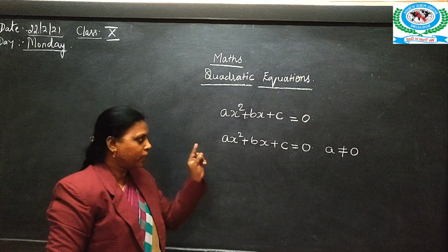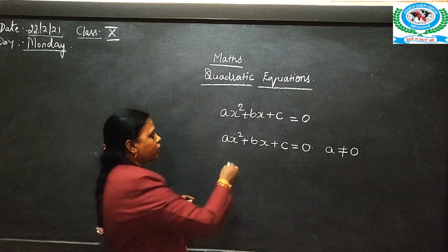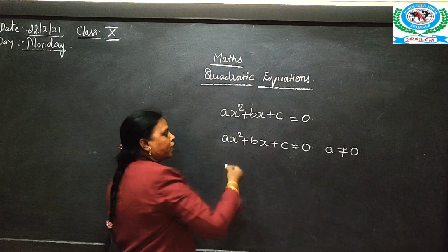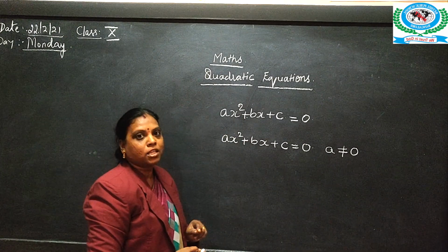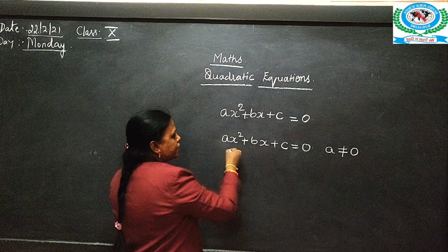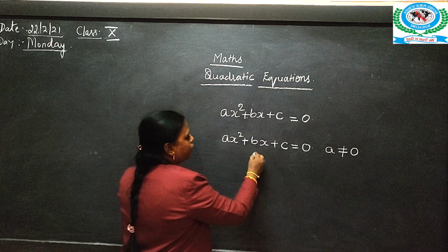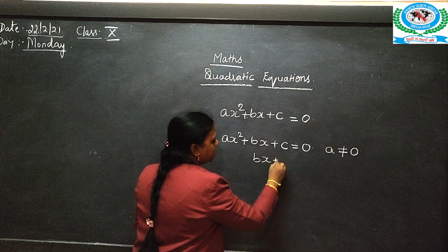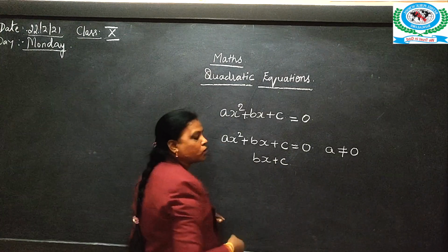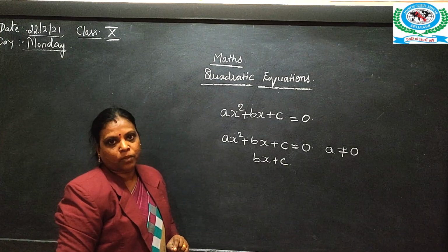Okay. So when a is equal to 0, the whole term ax square will become 0. You will be left with only bx plus c. So this is not a quadratic equation.